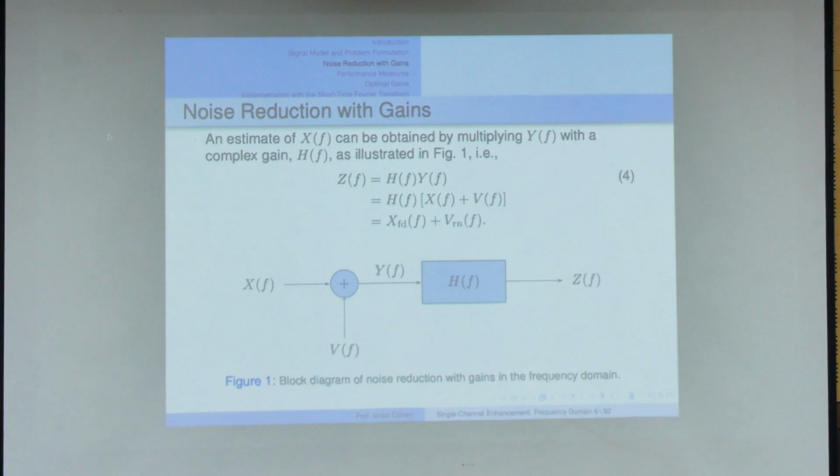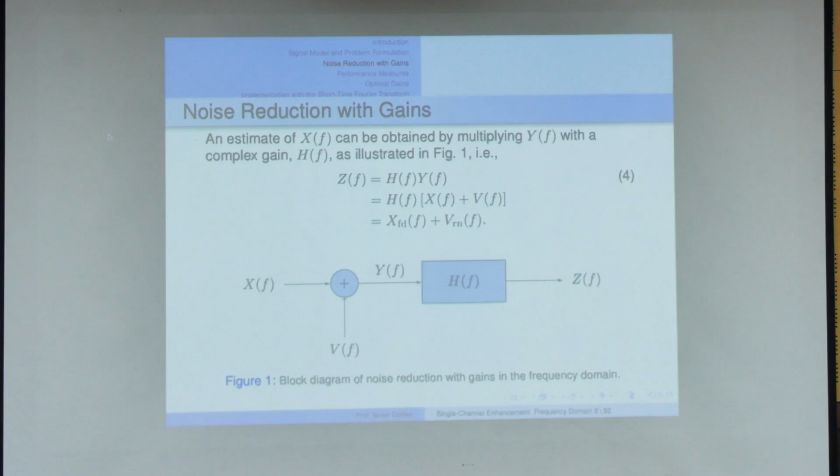It can be a complex number because we work in the Fourier transform domain. It makes sense that H will be between 0 and 1. Even a real number can do a good job. I don't say that we restrict that and we are looking only for a real number, but I say that it makes sense that if we want to reduce noise, maybe it's between 0 and 1.